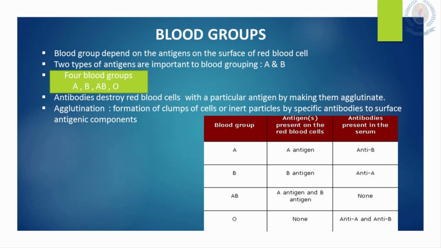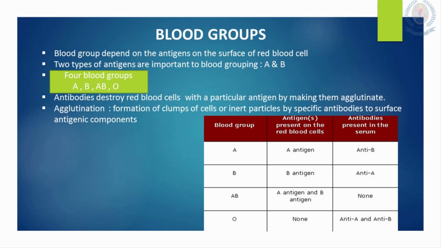If we summarize the presence or absence of antigens and antibodies in different blood groups here, you can identify how this takes place. Here A blood group has A antigen, and the antibody present in their serum is anti-B.